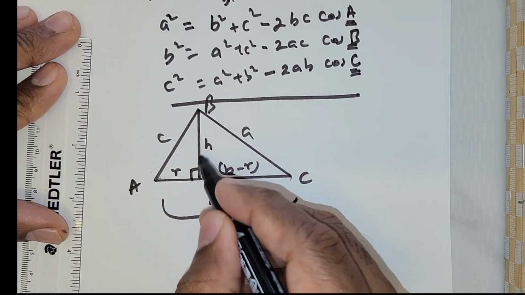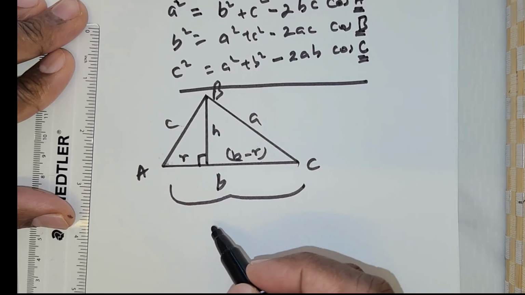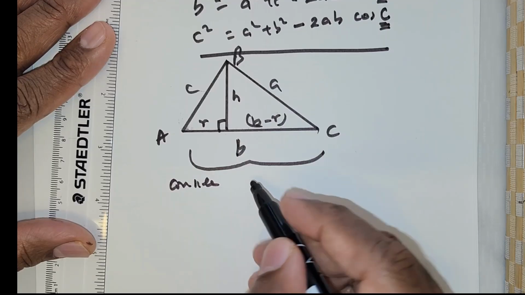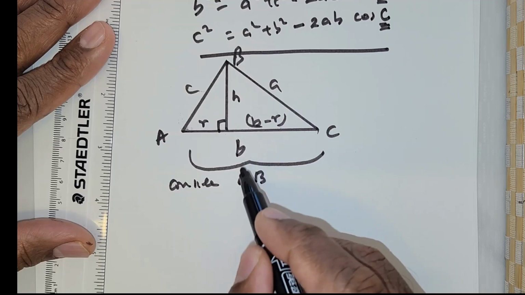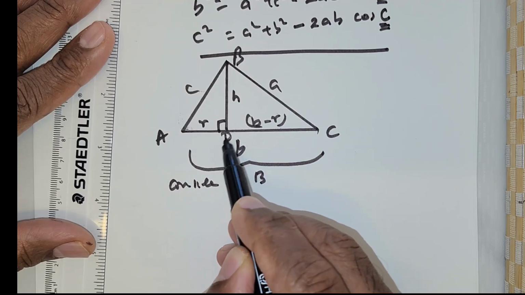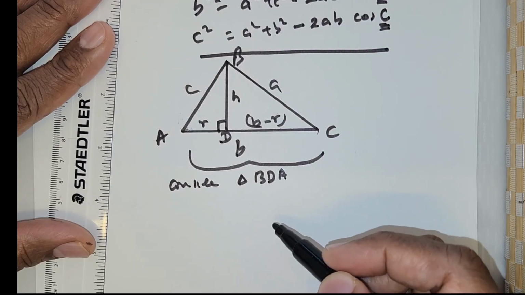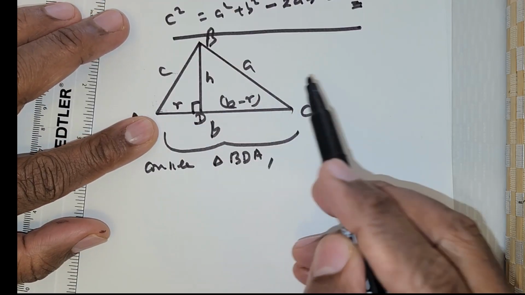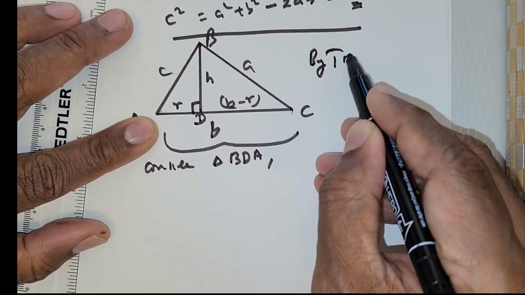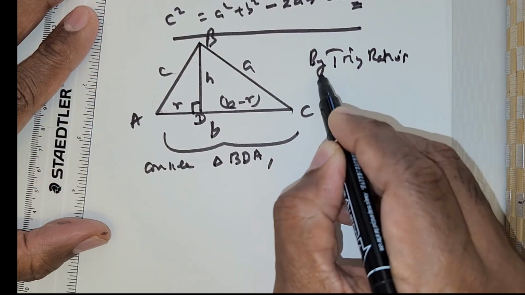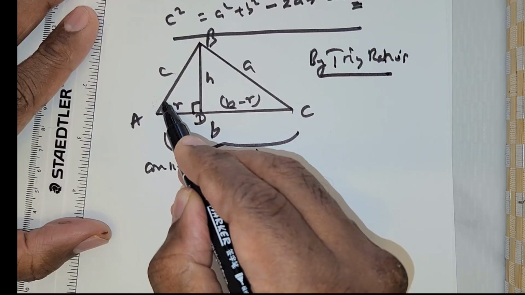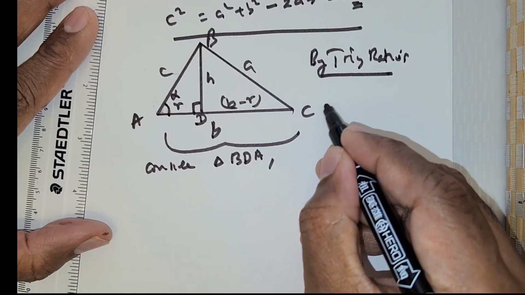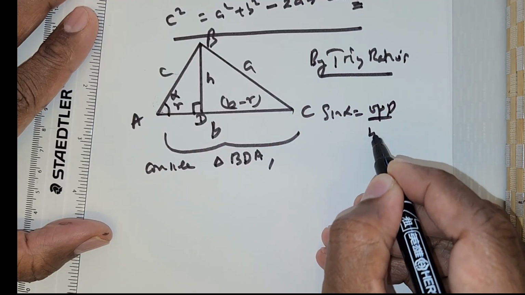This is perpendicular, so that's a 90-degree angle. Foremost, I will consider triangle BDA, taking this point as D. Now by trig ratio, if I take this angle as alpha, then sine alpha is the opposite side divided by the hypotenuse.